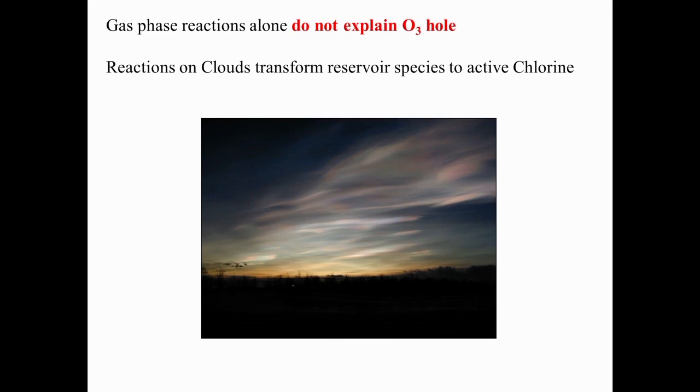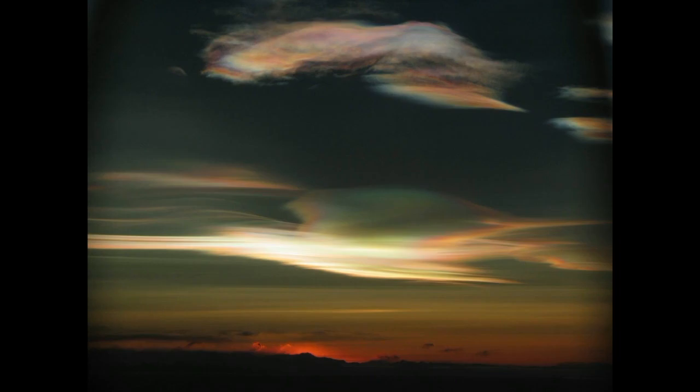But in the winter, because the temperatures drop so fast, you end up with the formation of these very particular sorts of clouds, the polar stratospheric clouds. They look like that. So they're sort of luminescent, high-level stratospheric clouds.